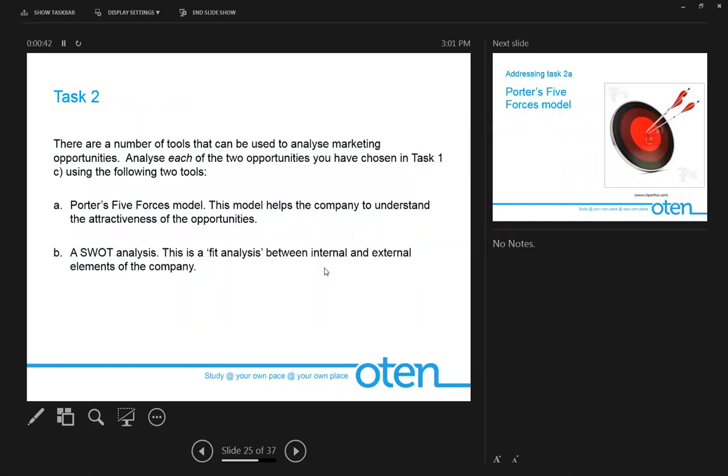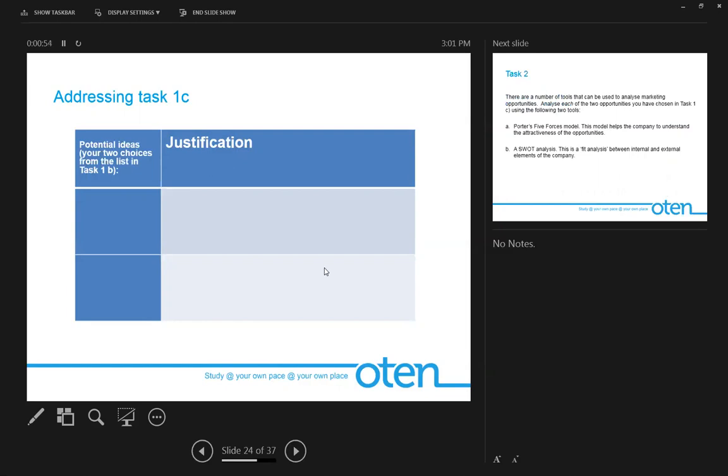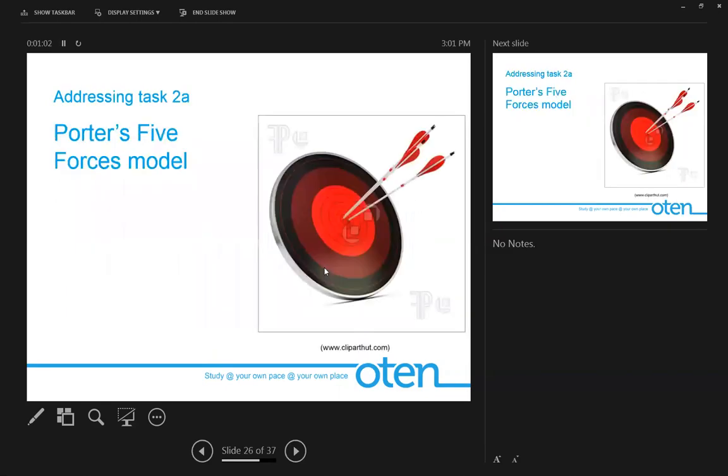All right, now task 2 actually requires us to use a 4 or 5 forces model and SWOT analysis to evaluate these 2 ideas. Remember, the outcome of your task 1 is actually to generate 2 ideas. We select 2 ideas from 3 ideas.